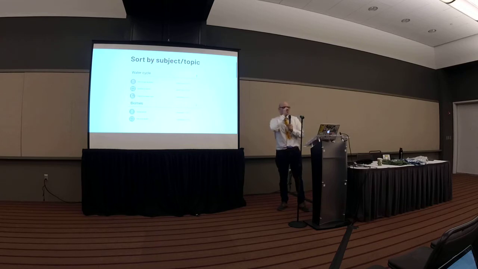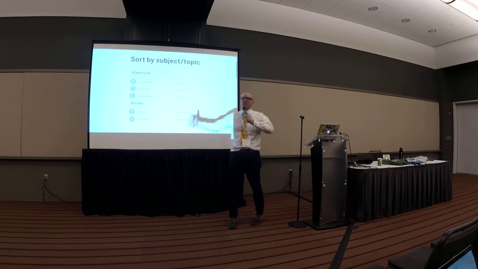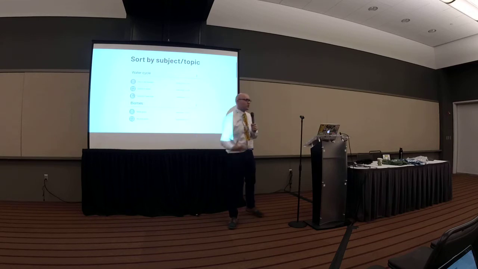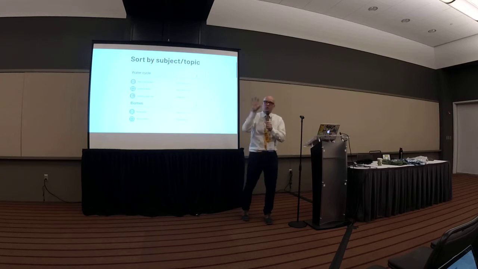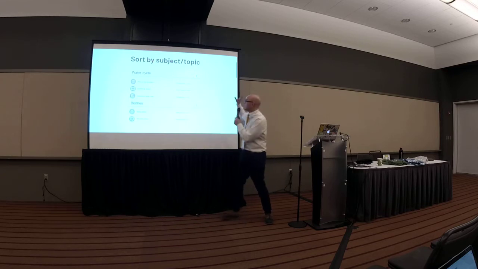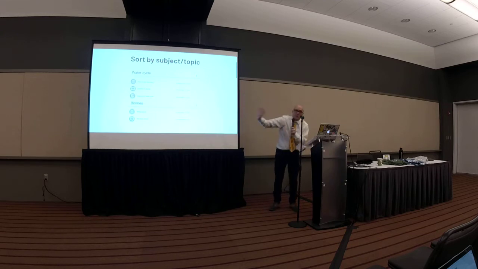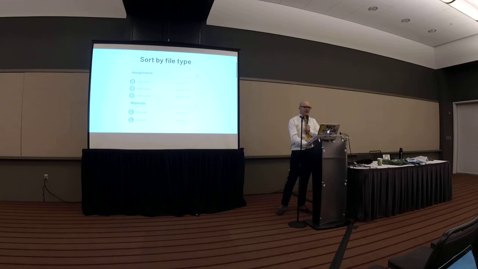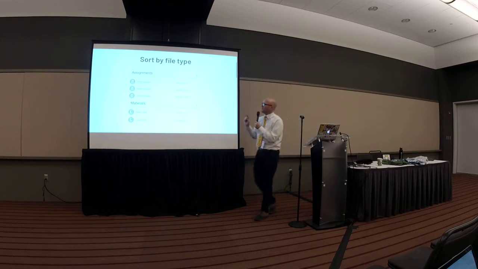Then you've got subject and topic. With these, if you teach self-contained, all of the science, all of the social studies, and you've got an individual Google Classroom for each of those subjects, you might go by topic within each one. So all of your water cycle stuff in one place, all of your biome stuff in another place. And then finally, there's file type.